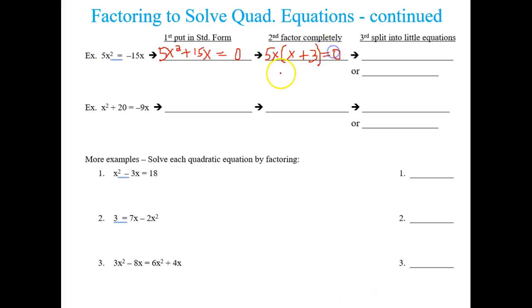Now I've got the product of two things equaling 0. 5x times x plus 3, the product equals 0, so I can split that up, and I can say either 5x equals 0 or x plus 3 equals 0.